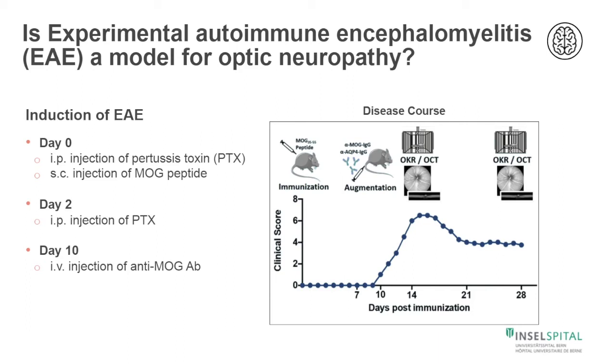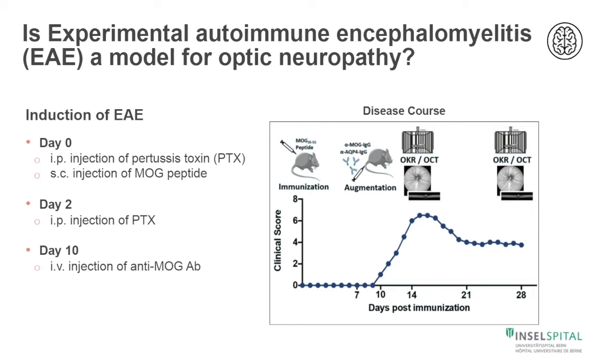The disease course is as follows. We give a subcutaneous injection of the MOG peptide and the injection of the pertussis toxin, which is going to be repeated on day 2. This is followed, in our case in the augmented model version, on day 10 with an IV injection of anti-MOG antibodies.